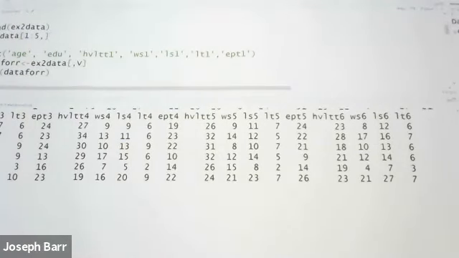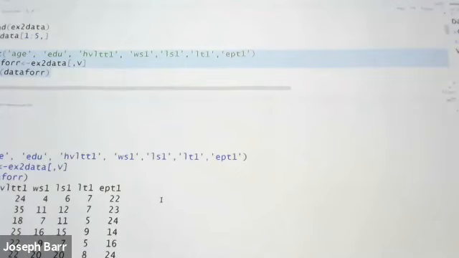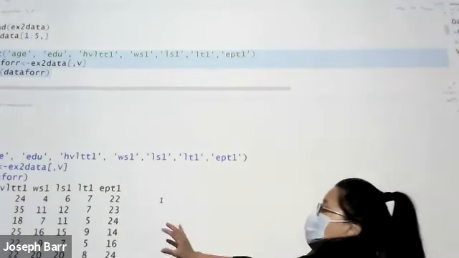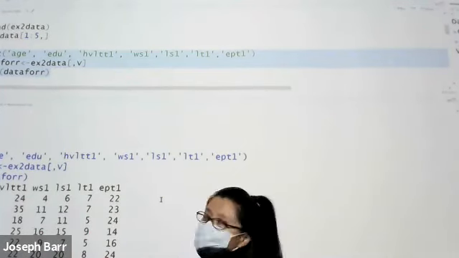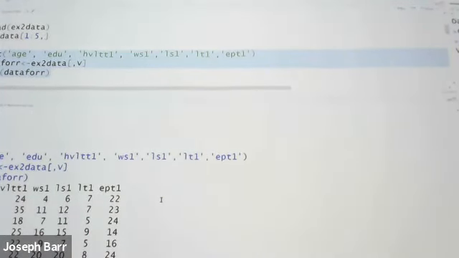We took some of the variables from the original one, and this is a smaller data set. We are going to focus on this data set, which has only 7 variables.